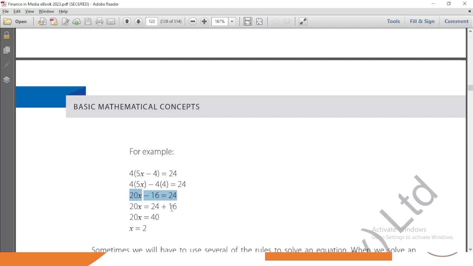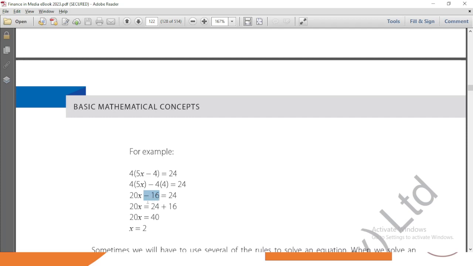From this equation, we can simplify it by leaving the variable and the coefficient on one side and transferring the constant to the other side, where we can add them together. We've got minus 16 here, so what we're going to do is add 16 on both sides to cancel this minus 16 on the left side.